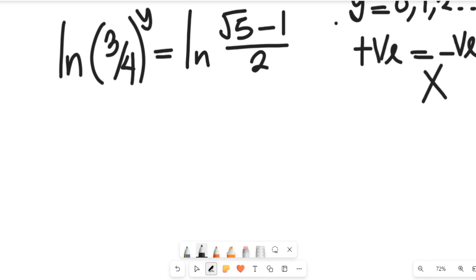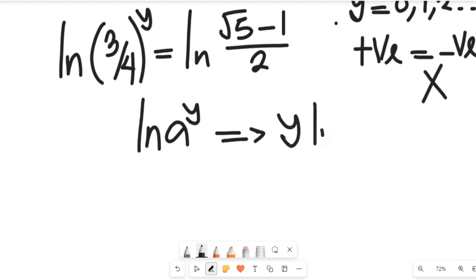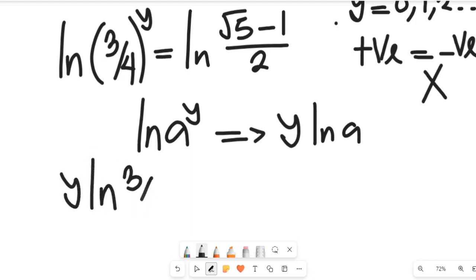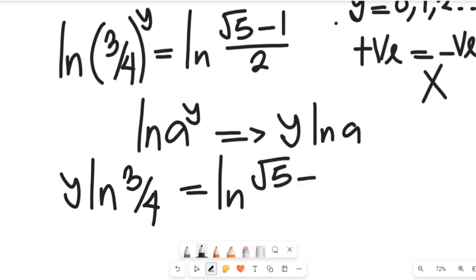Remember from the laws of logarithm, if you have the natural log of a to the power of y, this is equal to y multiplied by the natural log of a. So applying that, we'll have y multiplied by the natural log of 3 divided by 4, equal to the natural log of root 5 minus 1 divided by 2.